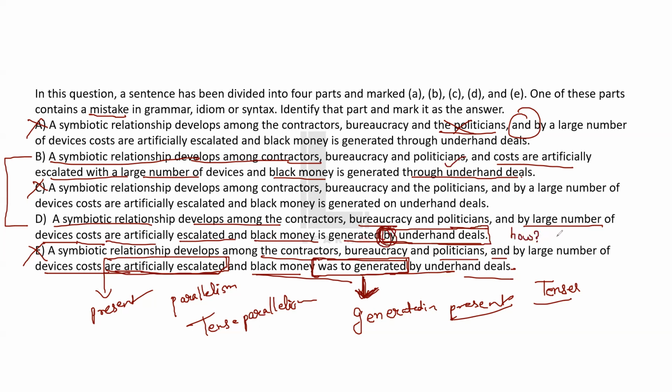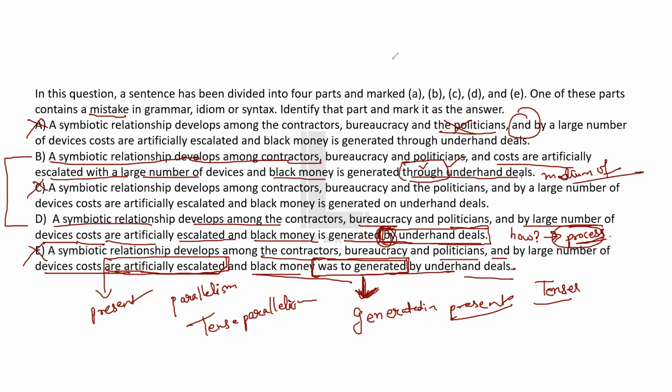How means through which process did it happen? Is generated by the process of underhand deals. Are underhand deals processes? Through underhand deals, through the medium of underhand deals.